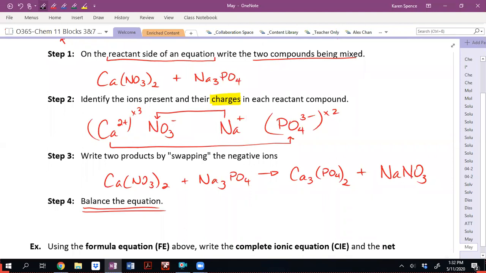And I can see right now that I have 2 phosphates. And if I put a 2 here, that gives me 2 times 3 is 6 sodiums. So if I put a 6 here, that means that I need 6 nitrates.